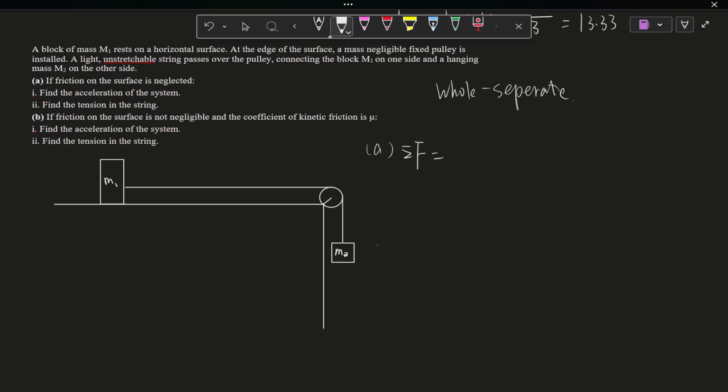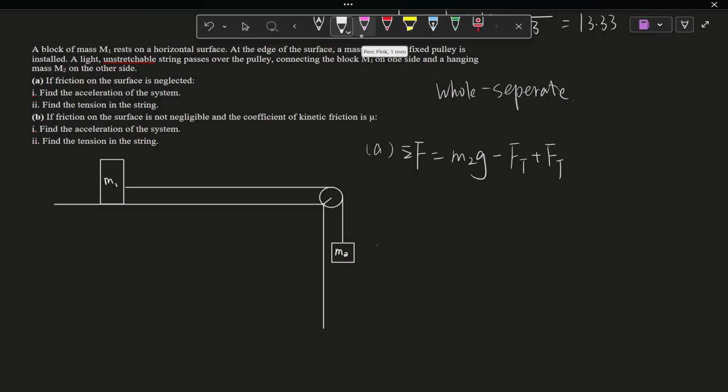So the net force is just m2g minus Ft plus Ft. Since there's no friction over here, we can just leave it blank.